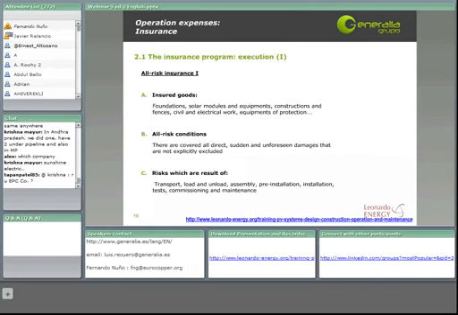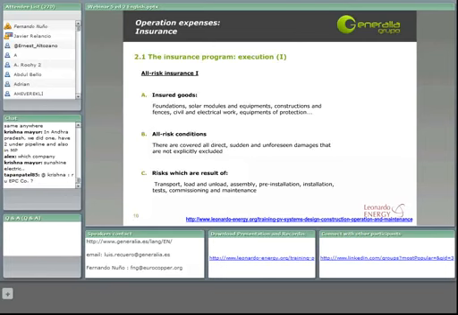So, starting with the insurance program during the execution, it is recommended to get an all-risk insurance. This kind of insurance covers all the possible risks during the project execution.